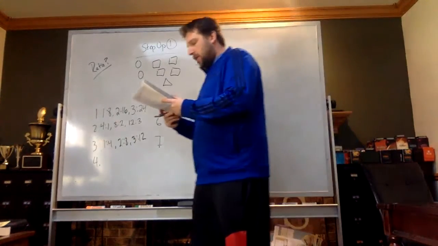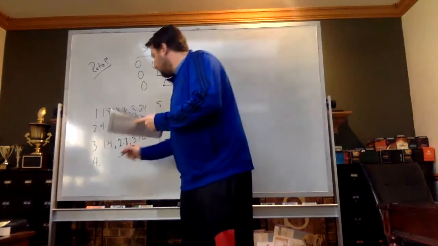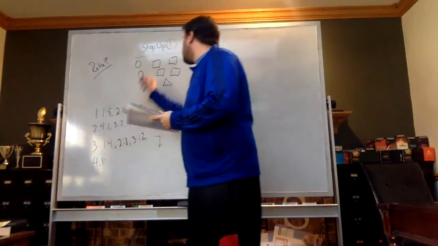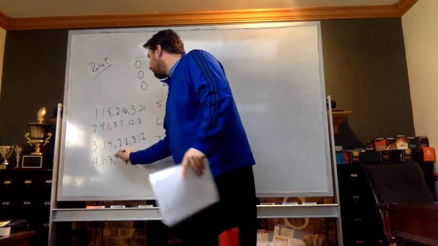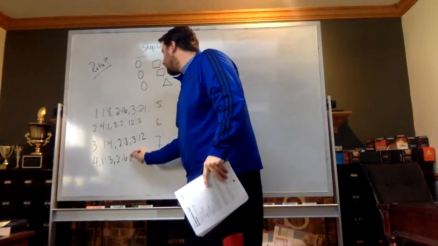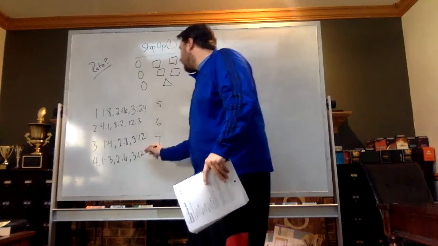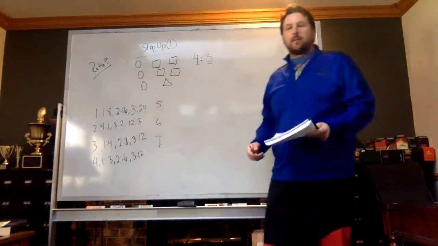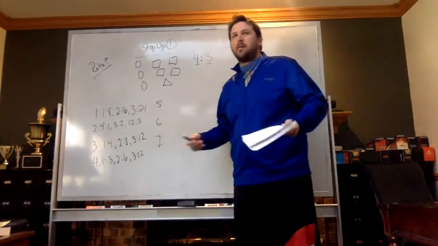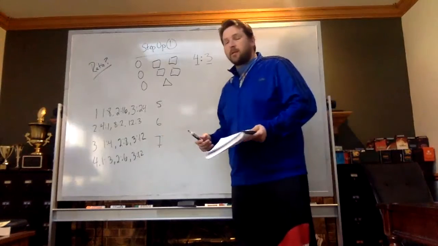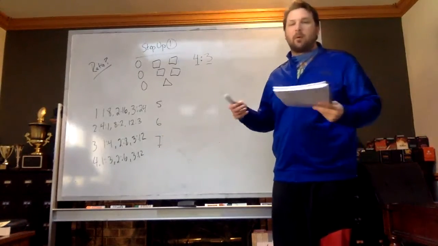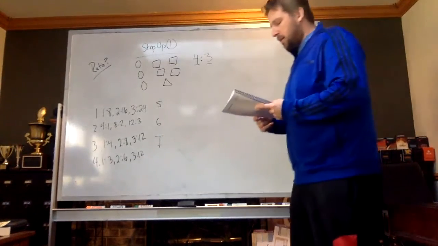So triangles first, circles second, 1 to 3. And then 2 to 6, and 3 to 9. And you don't have to multiply by 2, and you don't have to multiply by 3 if you don't want to. You can multiply by 100, by a million, by 512. It doesn't matter as long as you multiply both numbers by the same number.